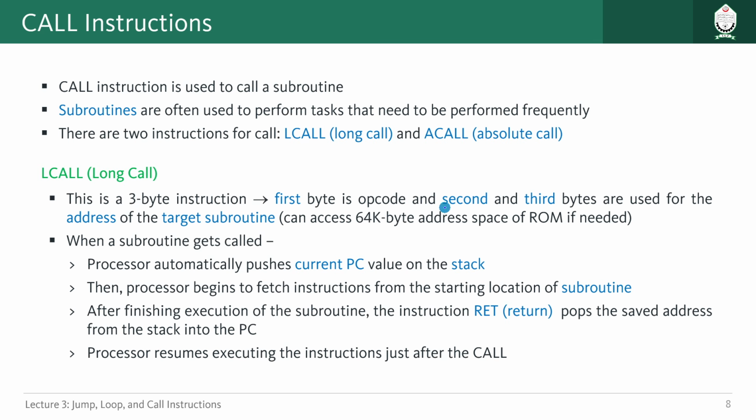That is done using the second and third bytes of the instruction. So as you have 16 bit available for giving that address, you can access anywhere from 0 up to 64k bytes of memory of your ROM. There is no problem, right? Not like your short jump where we have some limitation, we have to use relative address to address that.